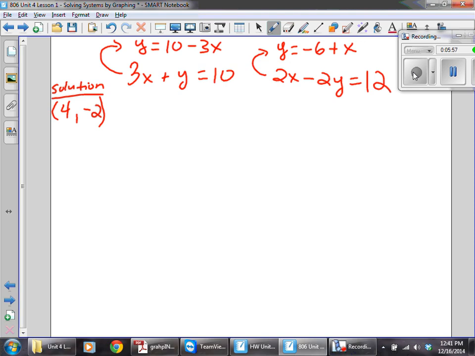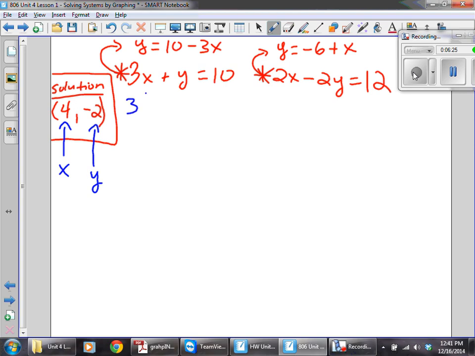But when you substitute your solution back into the equation, you use the original equation. You do not use the slope-intercept form. You always substitute back into the original equation. So I take this solution, 4, which is an x value, negative 2, which is a y value, and I substitute them into the equation.